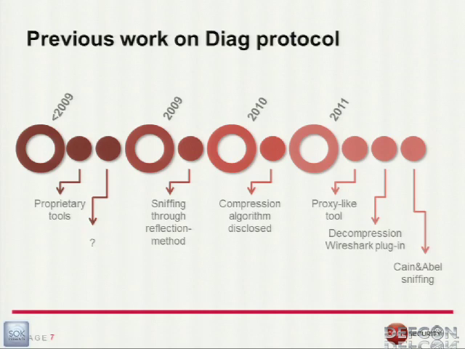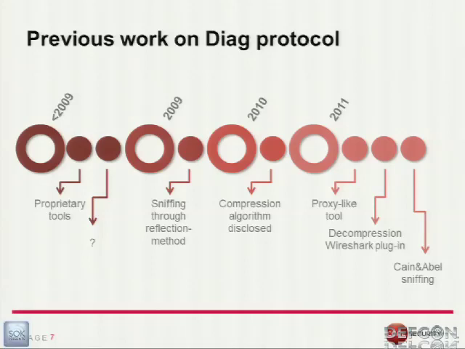So MaxDB is an open source database, so the implementation of the compression algorithm is available. He wrote a small tool to decompress the traffic, and it helps a lot trying to understand how the protocol works. More recently, in 2011, there was a lot of work on the protocol.